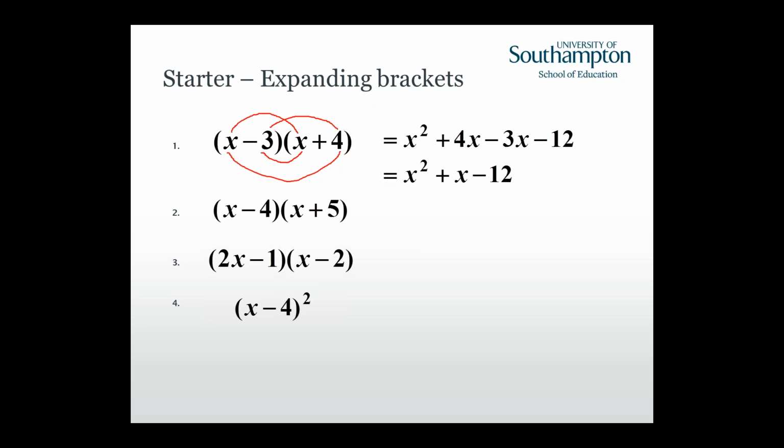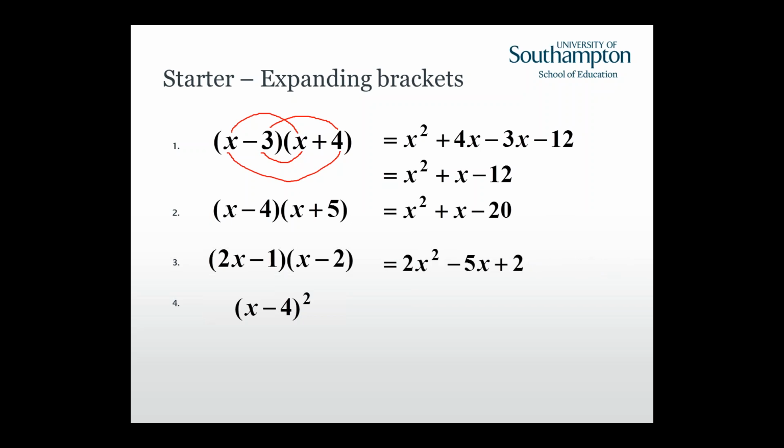So Hugh, what did you get for the first one? Number 2, I expanded it to x squared plus 5x, take 4x, and take 20, which simplifies down to x squared plus x, take 20. Yep. Good. And Sam, what did you get for the next one? 2x squared minus 4x minus x plus 2 equals 2x squared minus 5x plus 2. Yep.